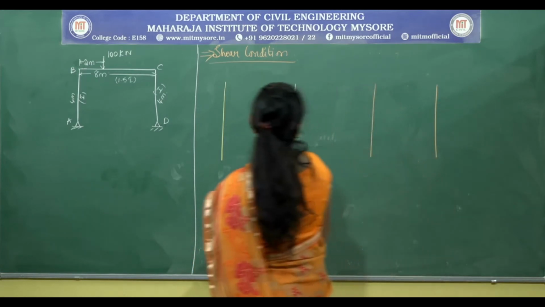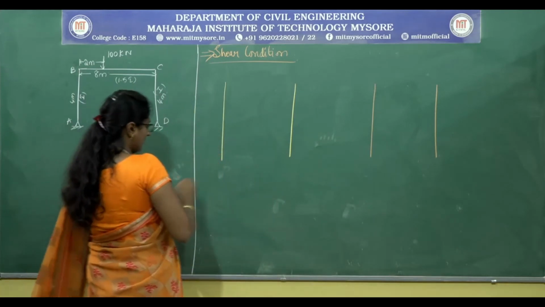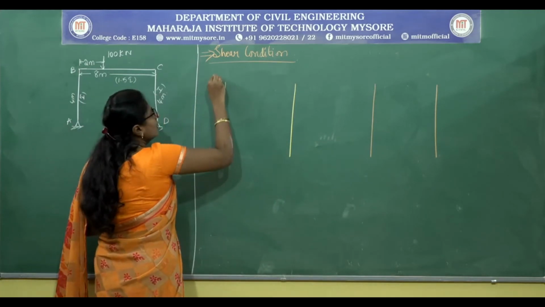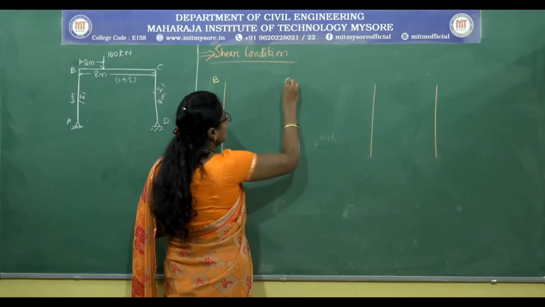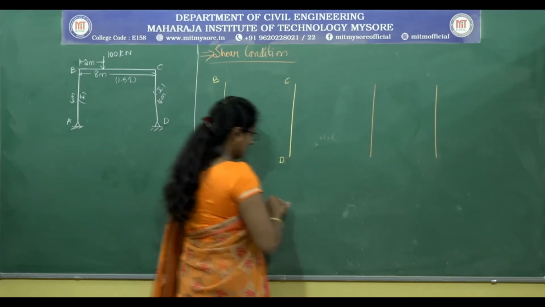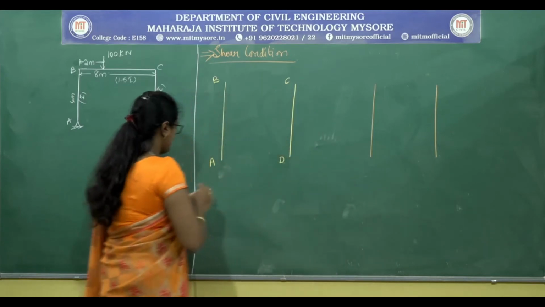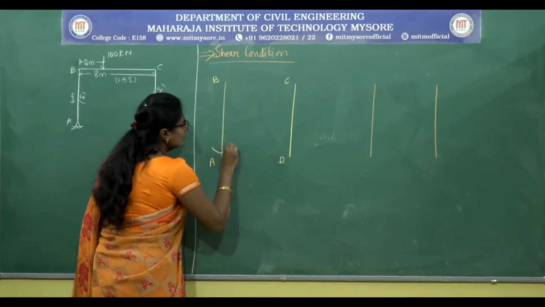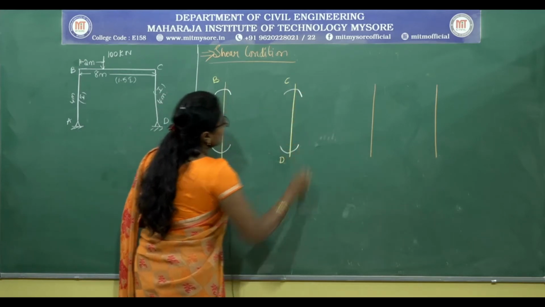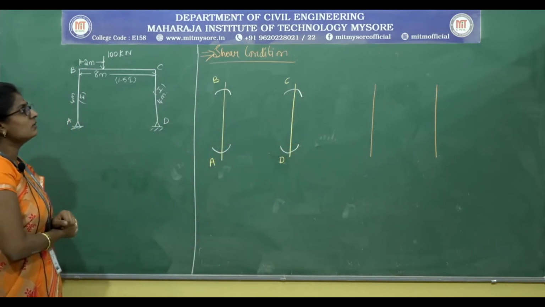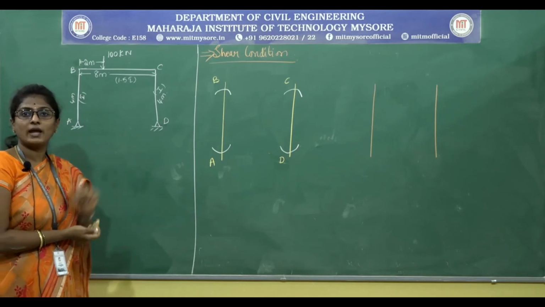Okay, so these are the members AB and CD. These members are considered by taking the moments without sway.